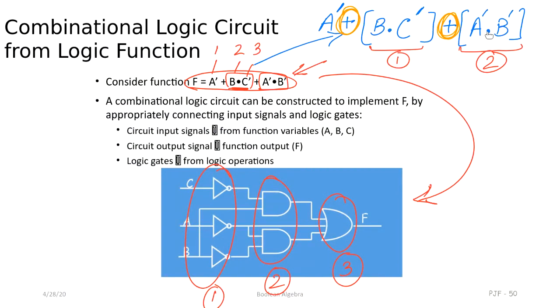Before that, when you are giving input, some inputs are straight. Straight means B is not inverted. But here the B is inverse. So it means you also need some NOT gates so that you can invert your input.